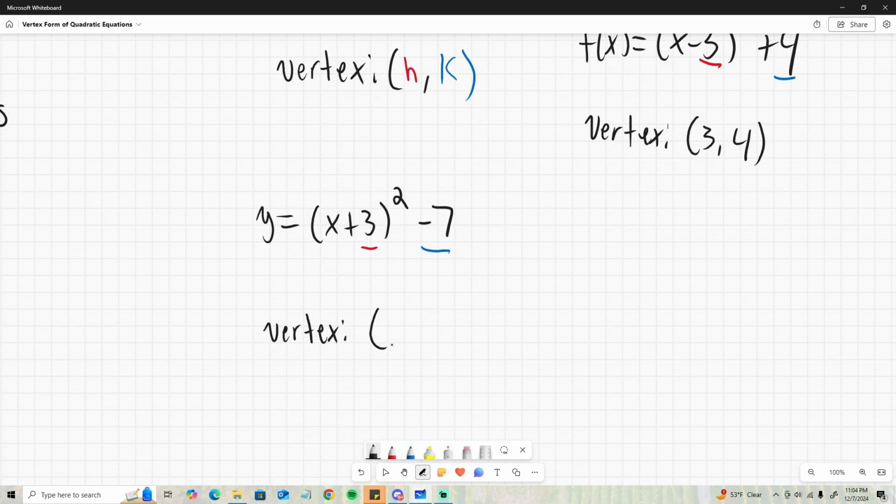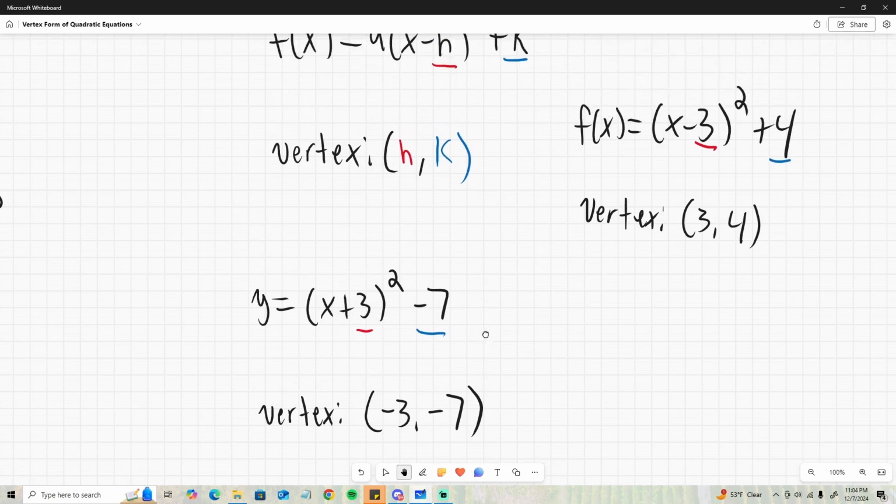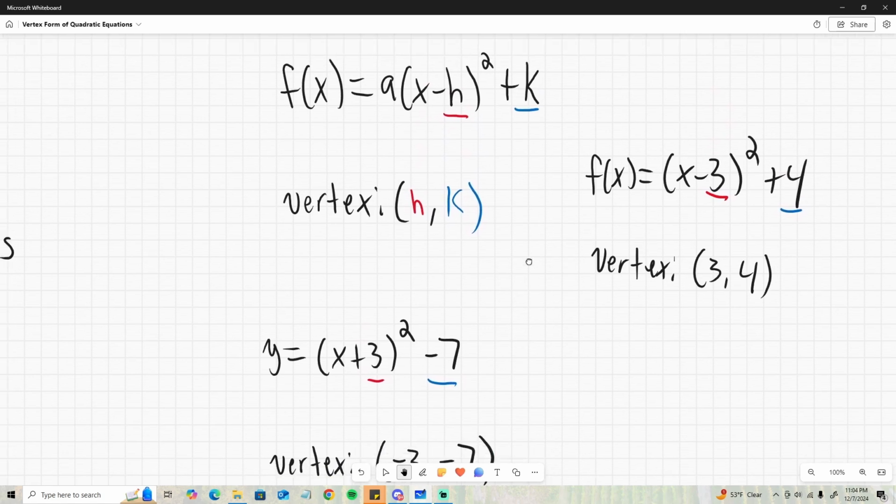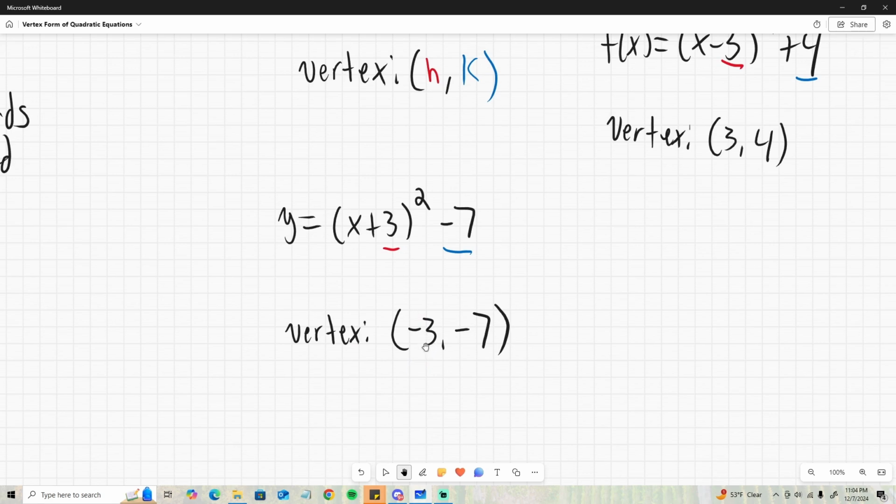My vertex is going to be -3, -7. The reason for that is because, again, I have a negative in my formula. My formula is x minus h, and then just a plus k. This x minus h means that when I plug in this -3, it's going to flip to a positive. I flip the sign in here, as opposed to when I'm working with a -7.